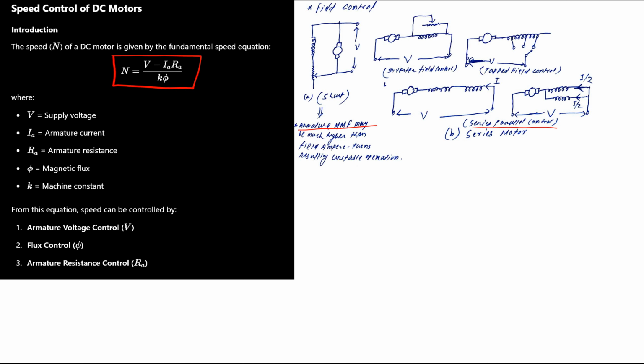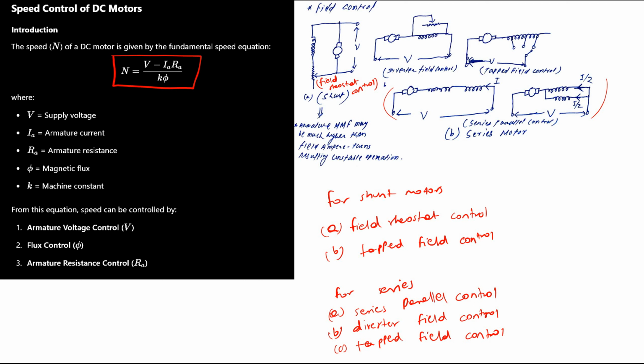Armature MMF would be much higher than field ampere turns, resulting in unstable operation. So these are the methods for shunt motors, and these are the methods for series motors. The field rheostat method and tapped field control apply to shunt; for series, we have three methods: series parallel control, diverter field, and tapped field control.